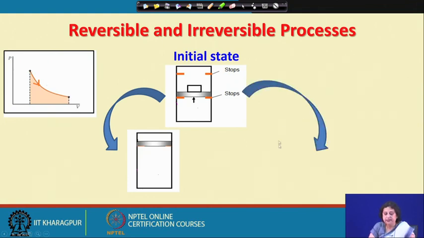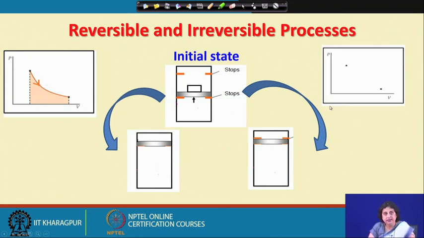But on the other hand, if I carried out this process very, very fast, I would have reached some other final state, but in this case it would be an irreversible change where the initial and the final states are the only two equilibrium states that I talk about.